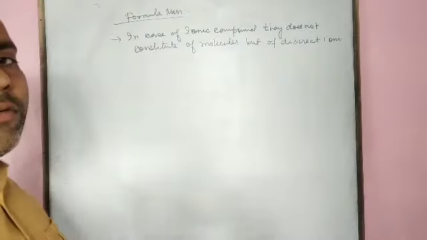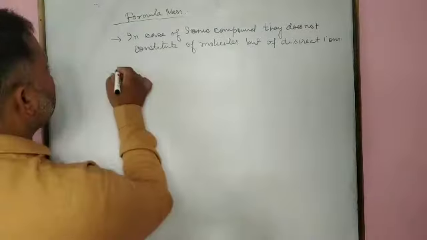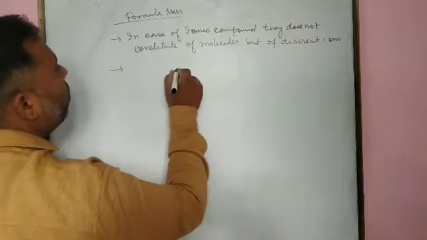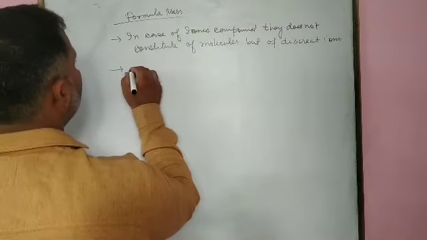If they consist of discrete ions, then in that case, what is a discrete ion? Let us take an example.